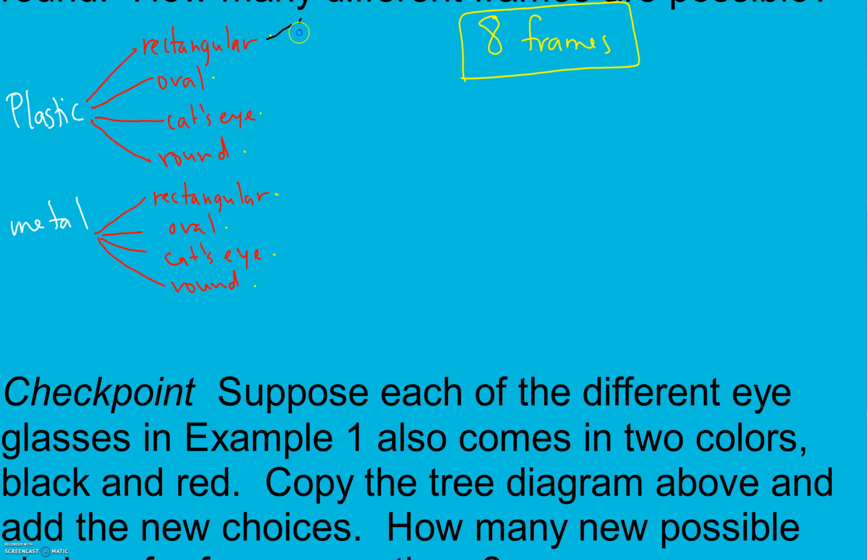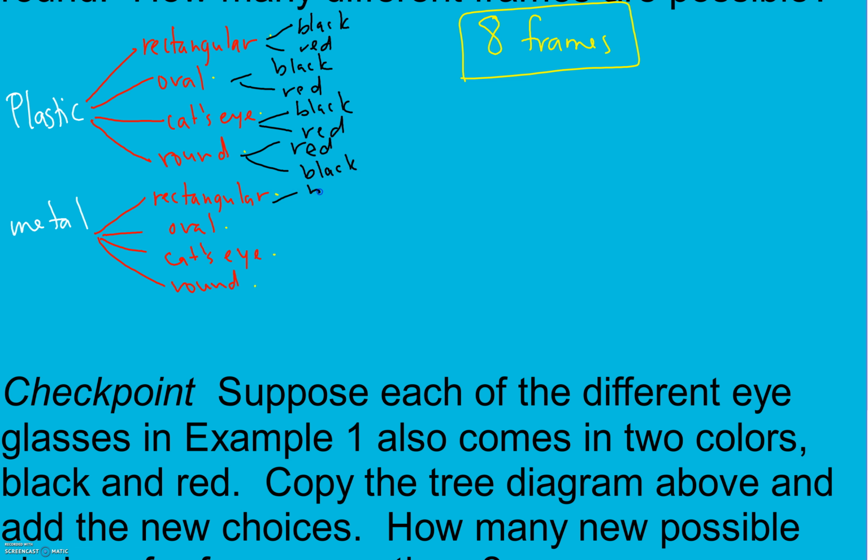We could also have black or red. We could have black or red. We could have plastic cat's eyes that are black or plastic cat's eyes that are red. Plastic rounds that are red or plastic rounds that are black.